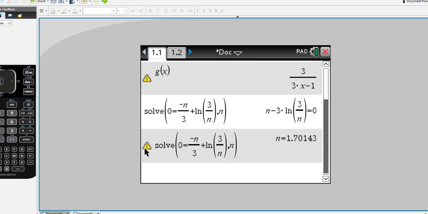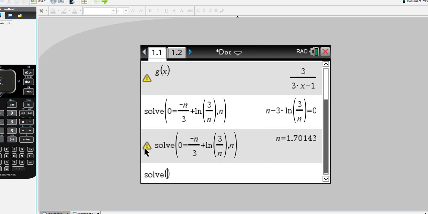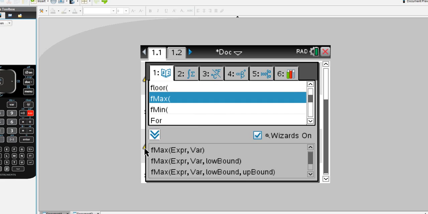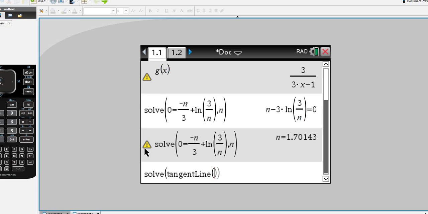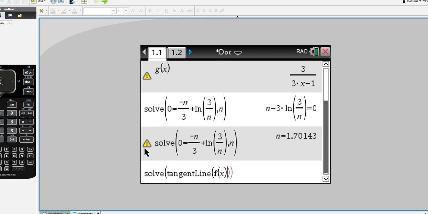So over here, solving for the tangent line function, using the book icon and then pressing T, I'm going to scroll down to tangent line. We defined our logarithmic curve as f of x, comma x, that's the variable we're using, and the coordinate was 1/3 plus 1 on n.